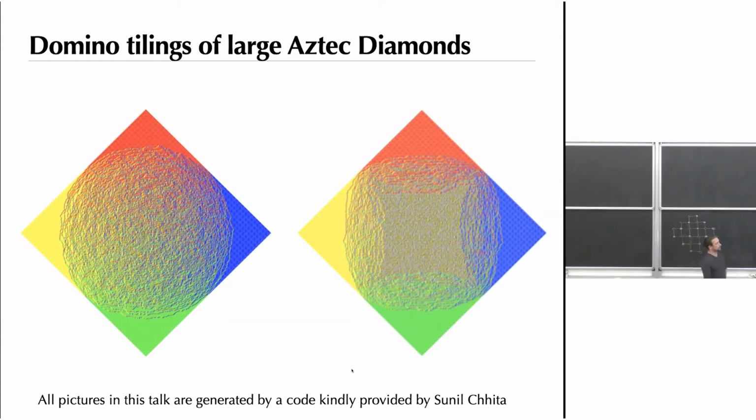For those of you that know more about this, if you would plot the height function, it would have a flat profile in the middle, and the fluctuations around it would be of a much smaller order than the fluctuations here. We would like to understand these types of pictures, and I don't want to go into too much detail on all the exciting things you can study in these pictures. I think Kurt will spend a lot of time talking about the region where these two different types of randomness meet, so I can recommend going to that talk if you want to know more about this.